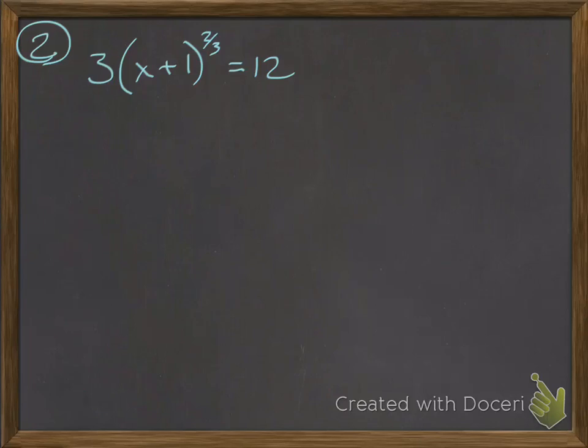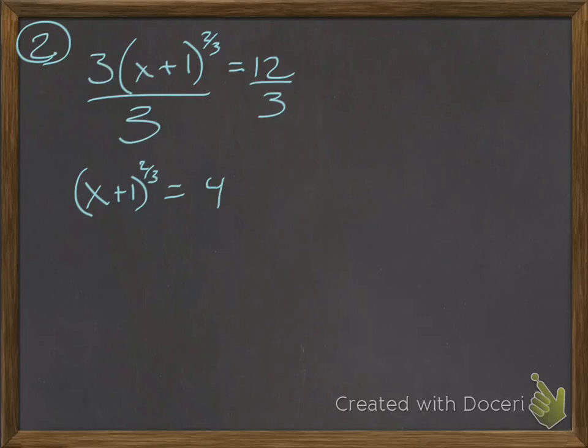Before I do anything with that, though, I have to notice this 3 that's on the outside. I have to get rid of that first before I can do anything with that parentheses. Because it's being multiplied with that parentheses, I'm going to divide by 3. And I have x plus 1 raised to the 2 over 3 is equal to 4.